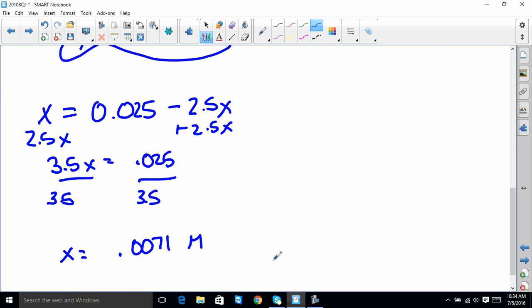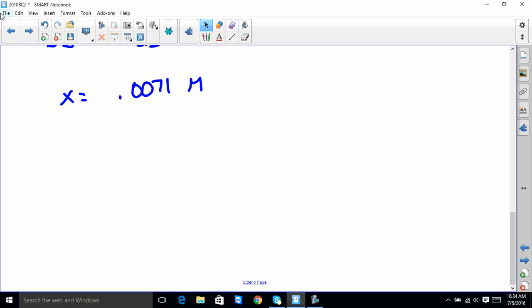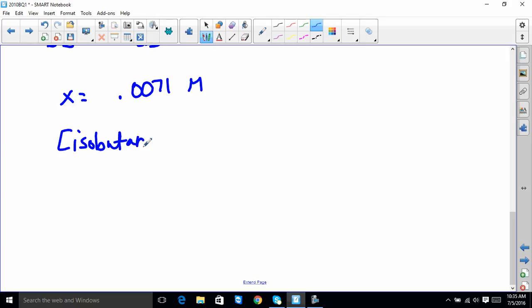So when I come down here, I need to write that the concentration of the isobutane, which your ice chart defines as X, is 0.0071 molar.